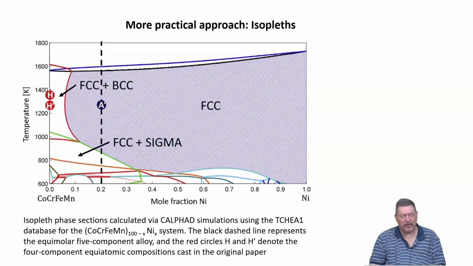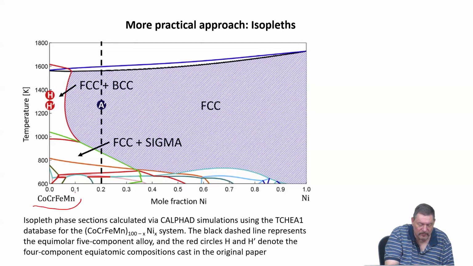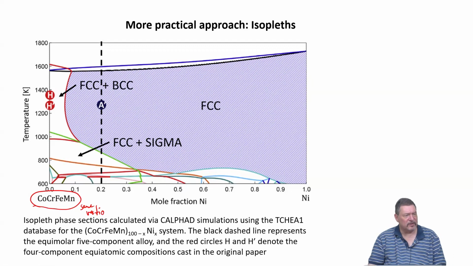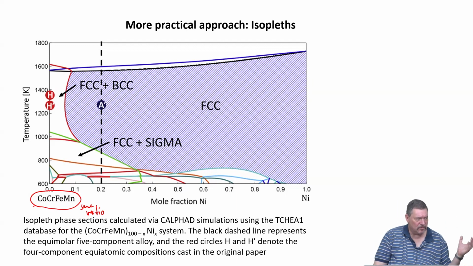But it shows you very nicely what happens if you keep 4 components at the same ratio. So for example, for the Cantor alloy, you keep cobalt, chromium, iron, and nickel always having the same concentrations.